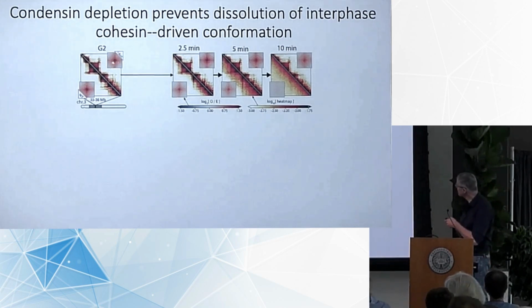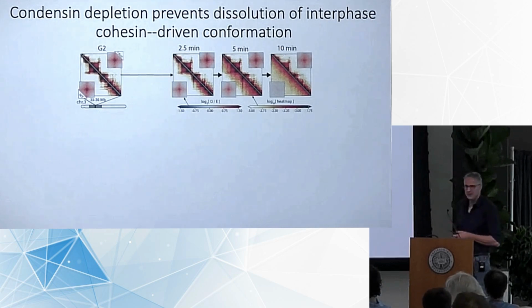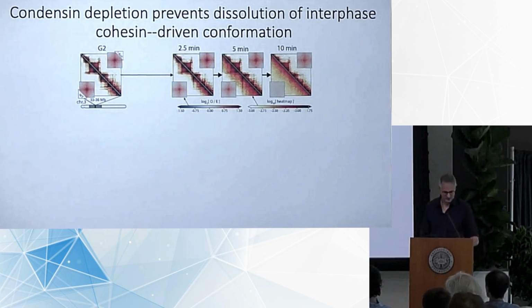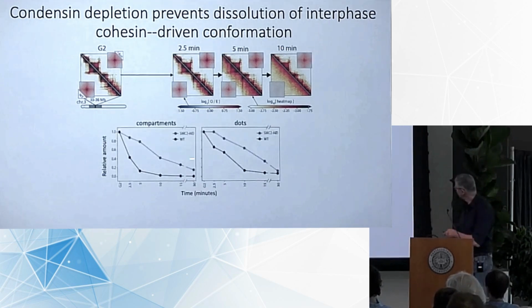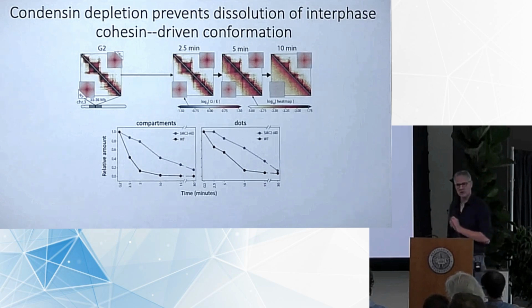But in the absence of condensin, when we add auxin in G2, we remove condensin and go into mitosis, those cohesin-mediated structures remain. We can quantify that. You can see at G2 we have set at 1 a level of compartments, or what we call dots, which are loops. They go away over time in control cells, but in the absence of condensin, that happens, but much slower.